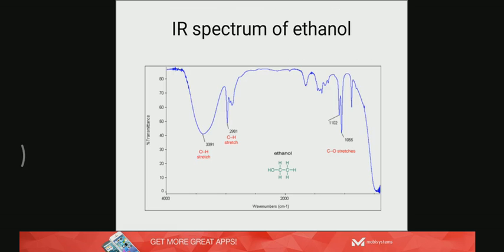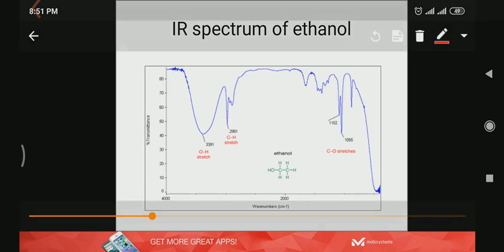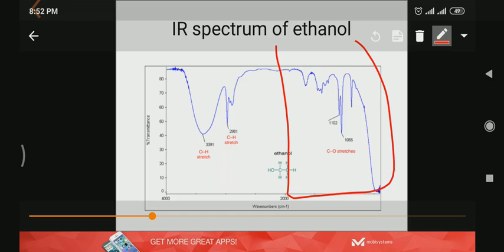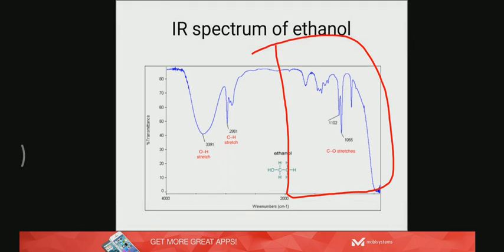See, for example, this is the spectrum of ethanol. You can see that most of the peaks are coming over here. This is the fingerprint region. And in ethanol, the most important characteristic peak is that of OH, which comes outside this, here around 3400.